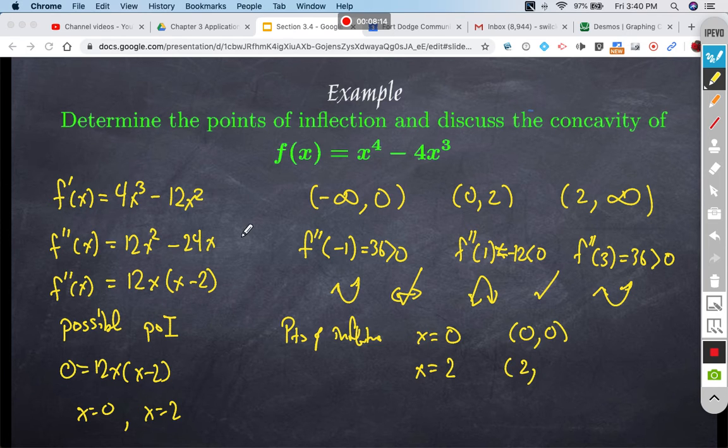That's going to be the point, 2 to the third is 8, so that's 32, 2 squared is 4, minus 48. So negative 16. Those are my points of inflection. And my concavity is going to be concave up from negative infinity to 0, concave down from 0 to 2, and concave up from 2 to infinity.